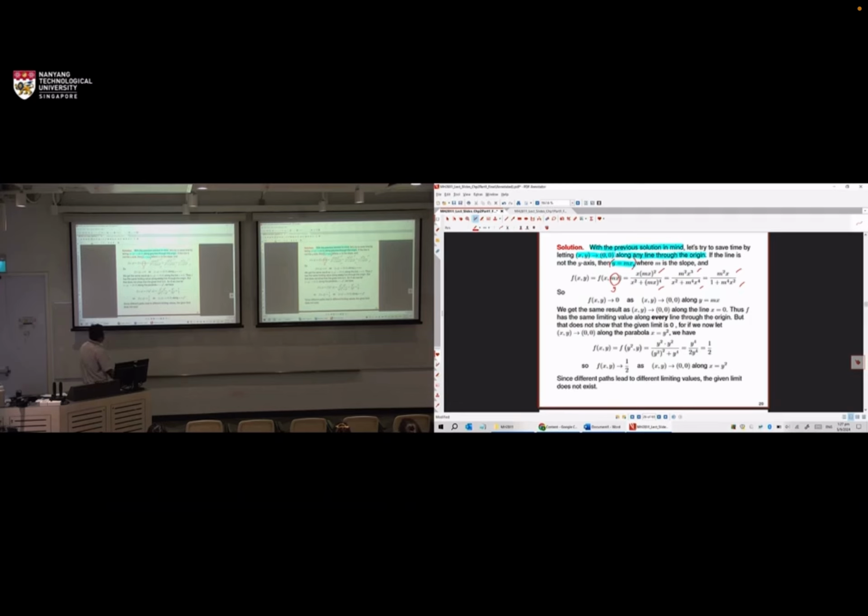We get the same result as x, y approaches 0, 0 along the line x equal to 0. Thus, f has the same limiting value along every line through the origin. But again, that does not show that the given limit is 0.